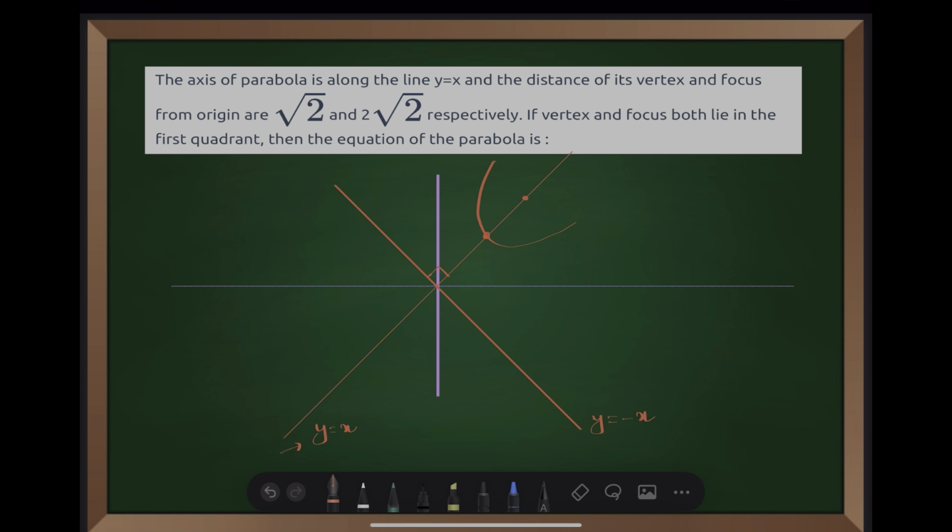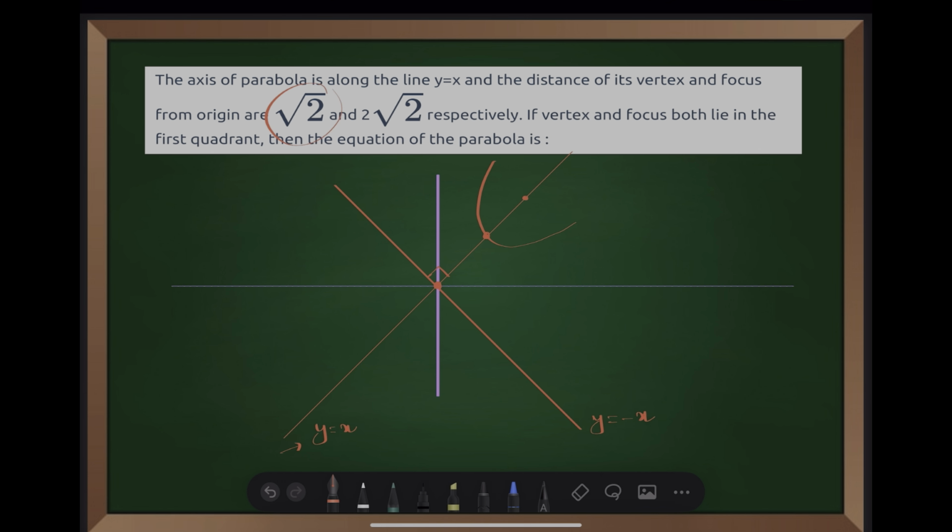If you are not comfortable with this explanation, what you should do is find a line passing through the point 0 comma 0 which is perpendicular to the given line. So you can use the concept of the equation of a line passing through a specific point perpendicular to a given line.